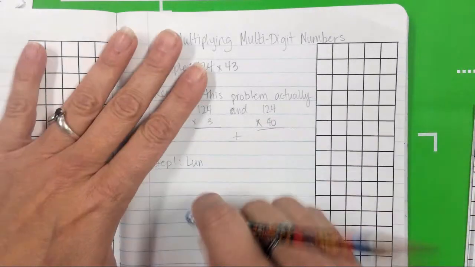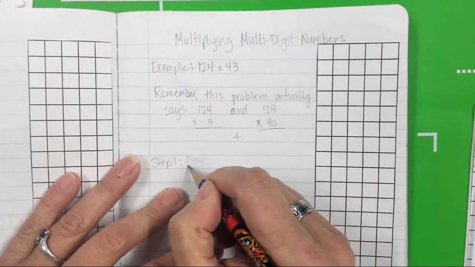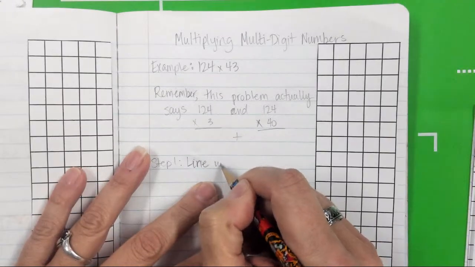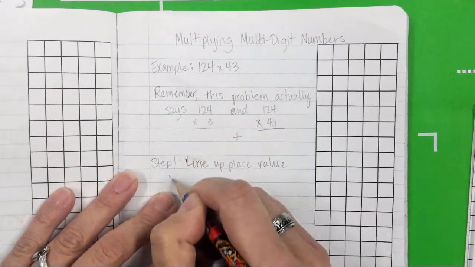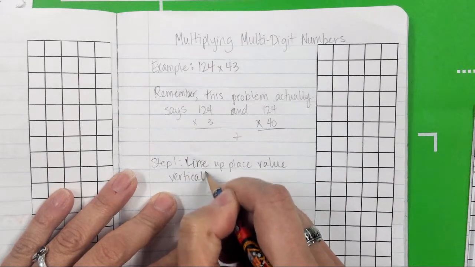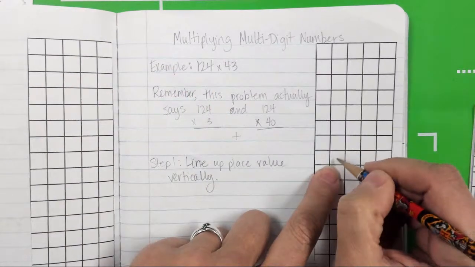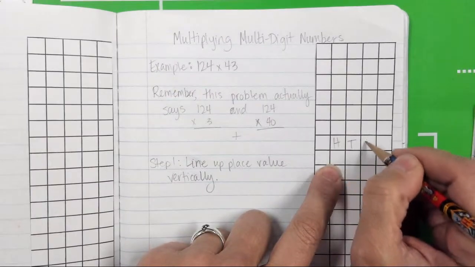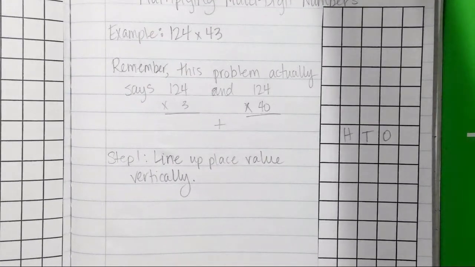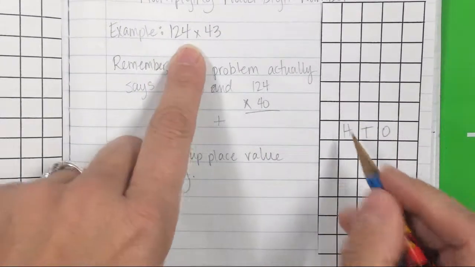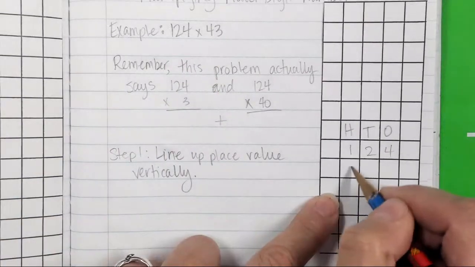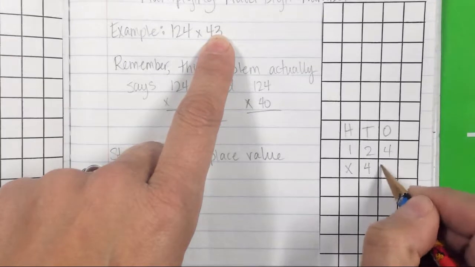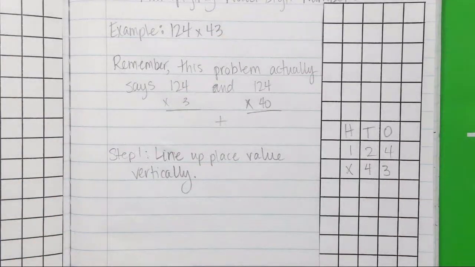So step 1. You're going to line up the place value vertically. Okay? So I'm going to write hundreds, tens, ones. So my number is 124, my hundreds place, my tens place, my ones place. And I'm multiplying by 43, tens place, ones place.